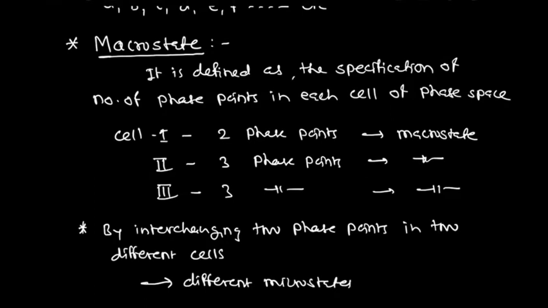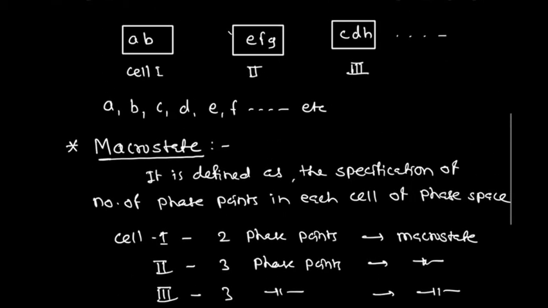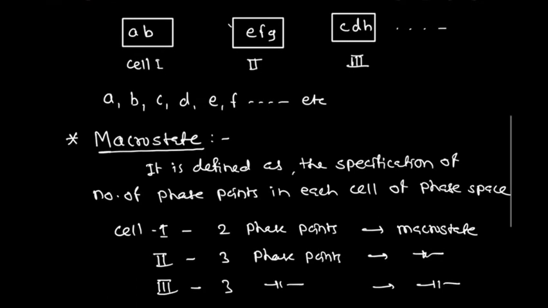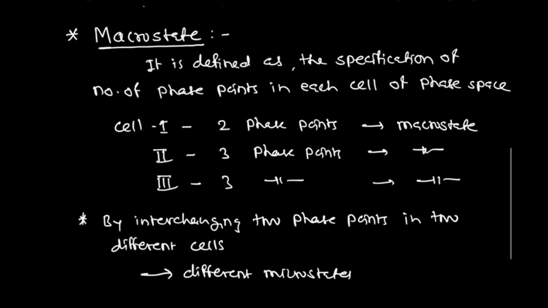Why do we get different microstates? Since the place of the 2 phase points gets changed to another cell. For example, if A is placed in the second cell and E is placed from the second to the first cell, then we get a different microstate but the same macrostate.